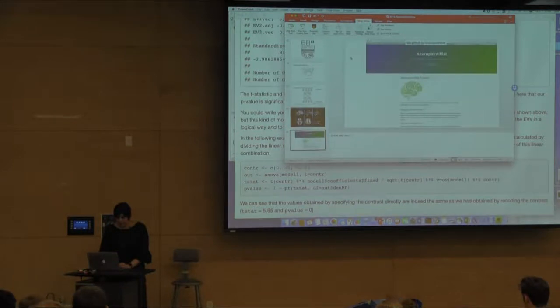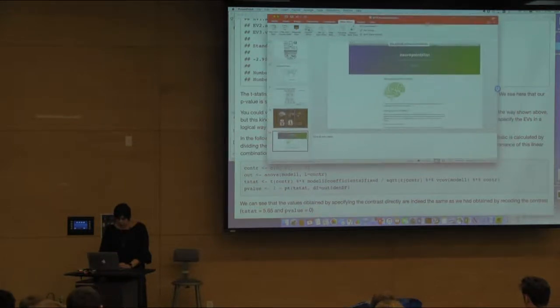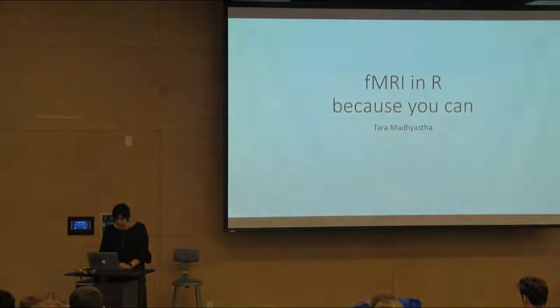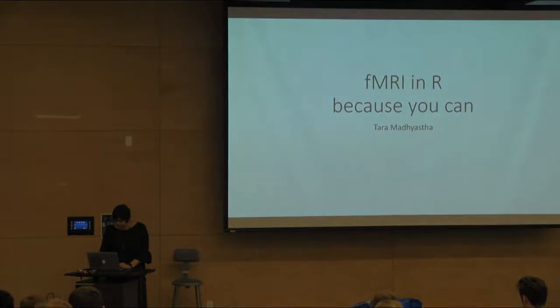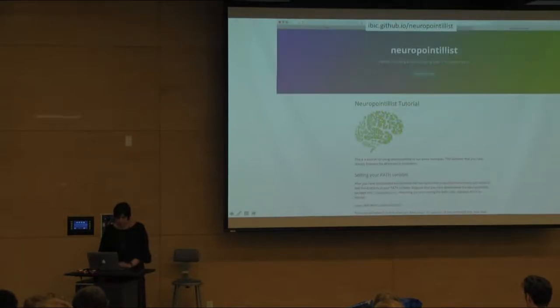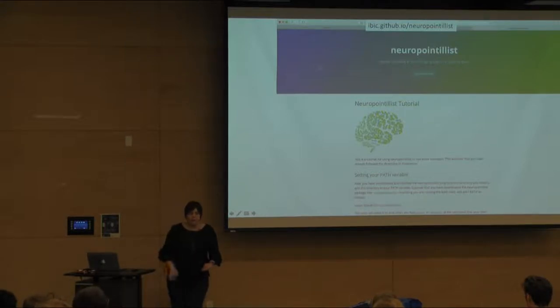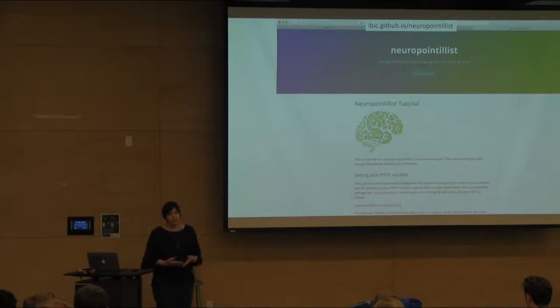while we switch gears here, take this moment. Sorry, let me get this slide. So if you go to IBIC's GitHub NeuroPointillist, you can get as far, if you have R installed, and there's a bunch of things to install there, so it's not necessarily trivial.